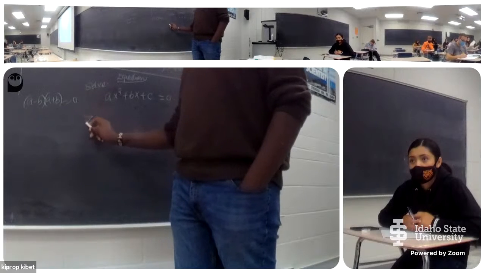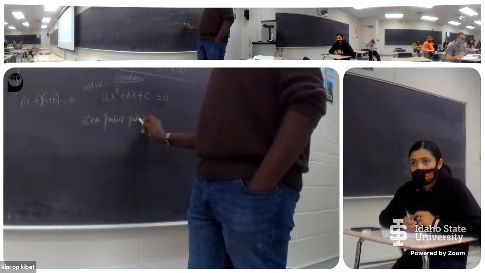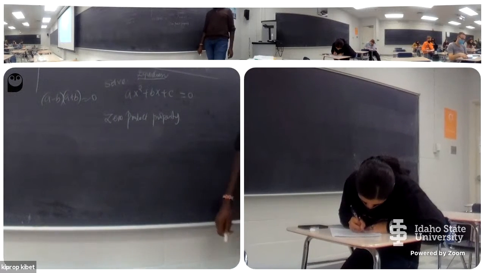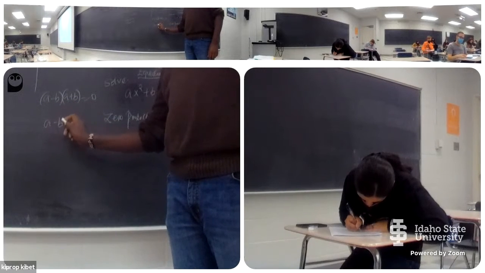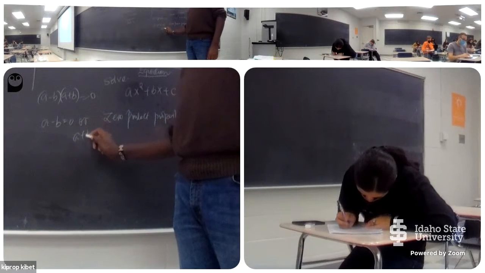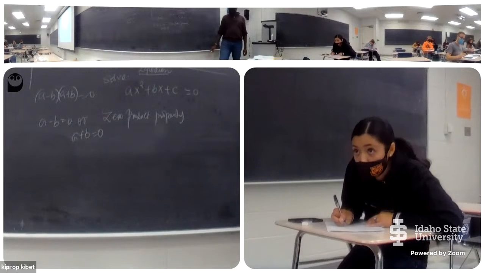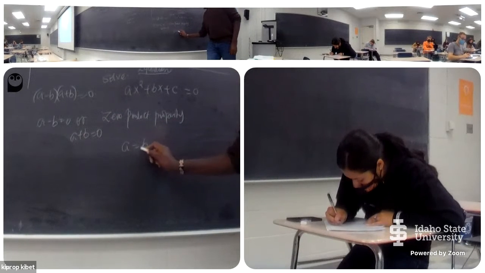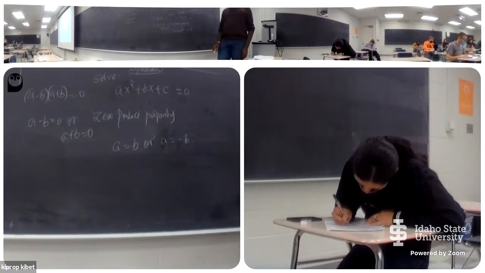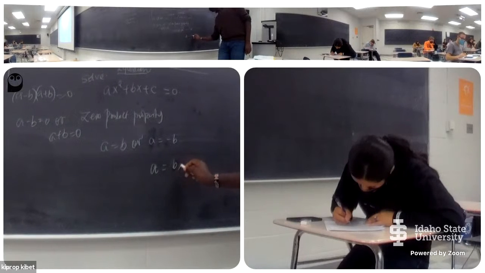This comes to what we call the zero product problem, whereby if a minus b equals 0, or a plus b equals 0, then in this case a equals b, or a equals minus b. So we write a equals b, comma, minus b.